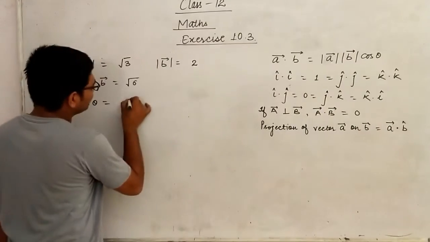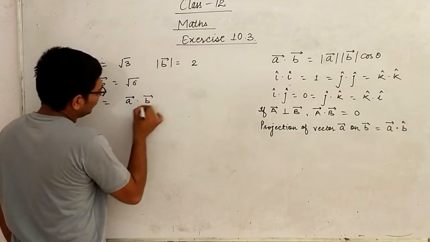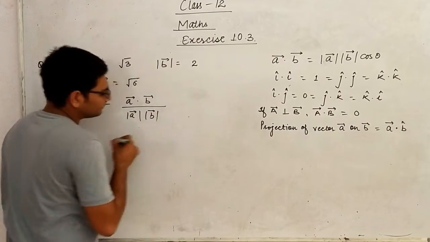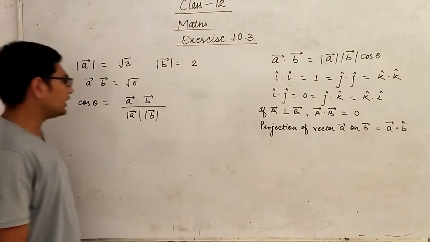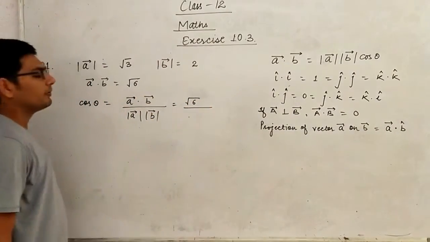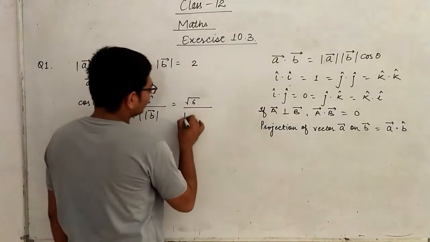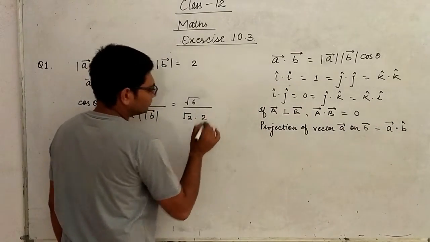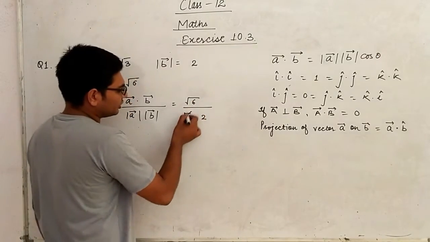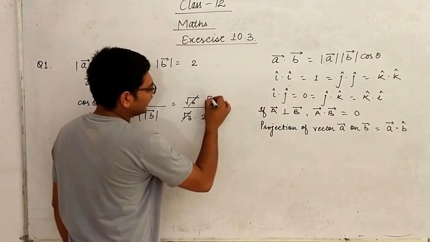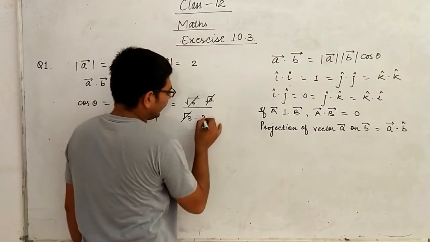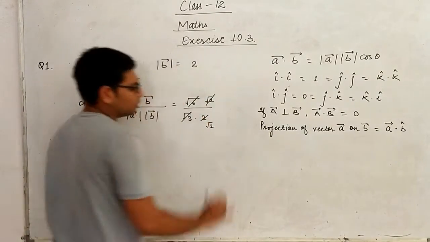That will be equal to A dot B upon magnitude of A, magnitude of B. A dot B is given as root 6 upon magnitude of A is root 3 into 2. So let us solve it. This is root 6, this is root 3, can be cancelled out and it will be root 2. This is root 2 and 2, that can be cancelled out and we are left with root 2.